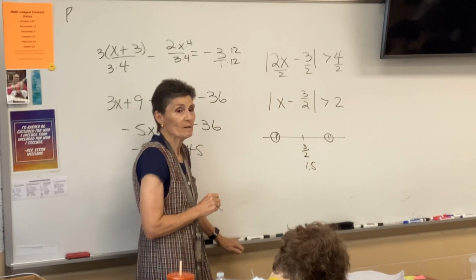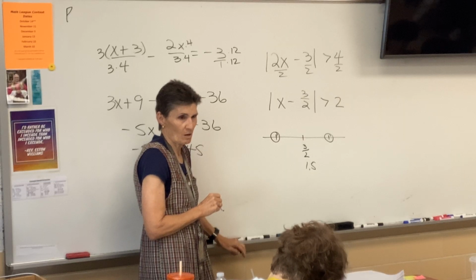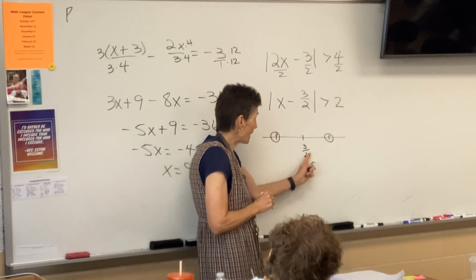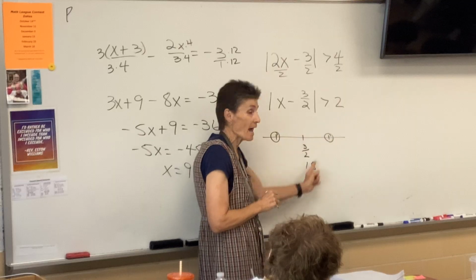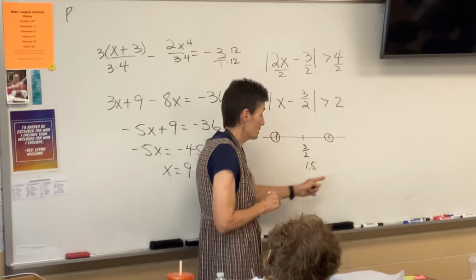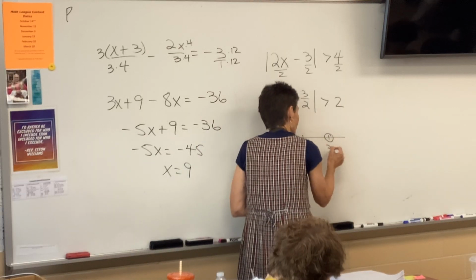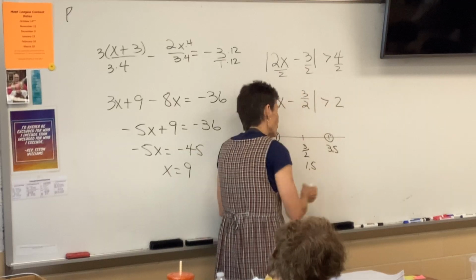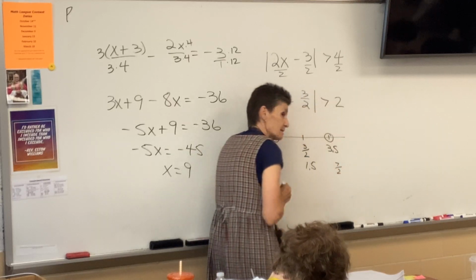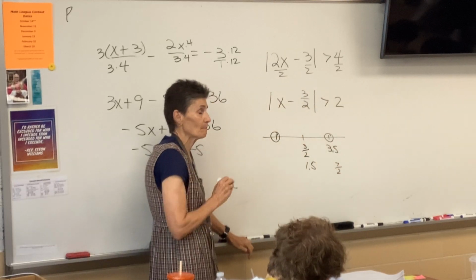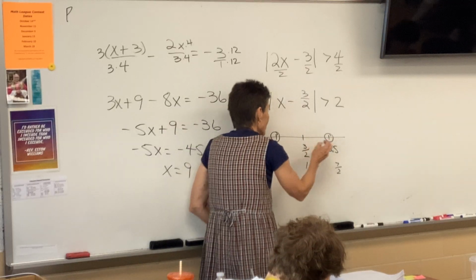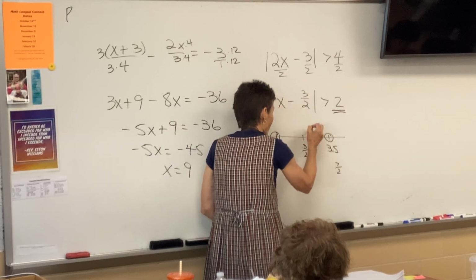And how will we figure out where those dots are? We take 1.5 and add 2. So if you're doing decimals, you'll have 3.5. If you're doing fractions, you'll have 7/2. Doesn't matter. So we added 2 that way.